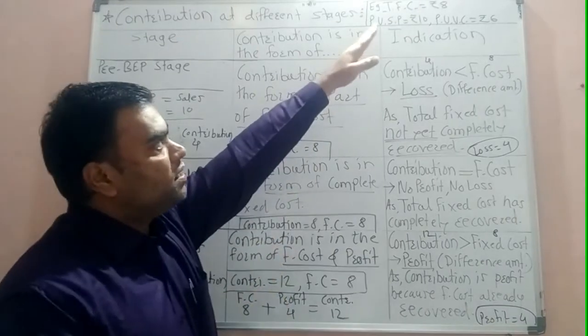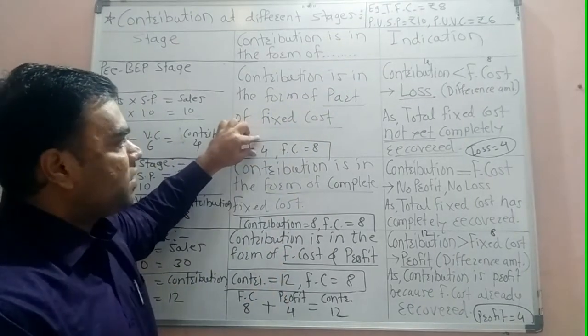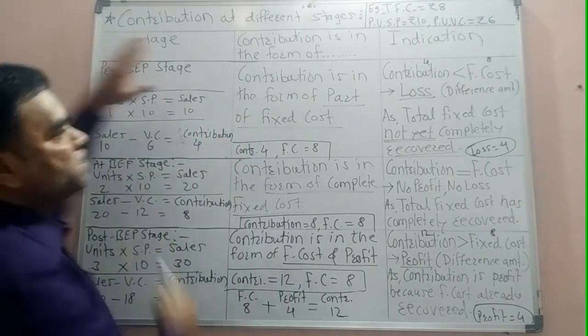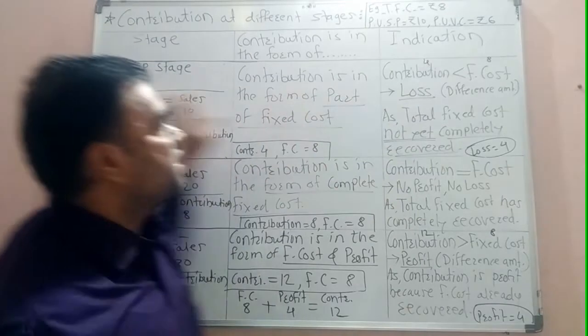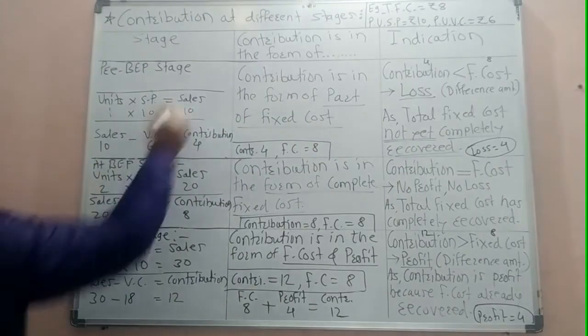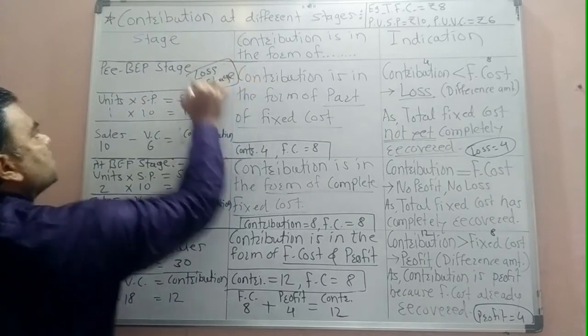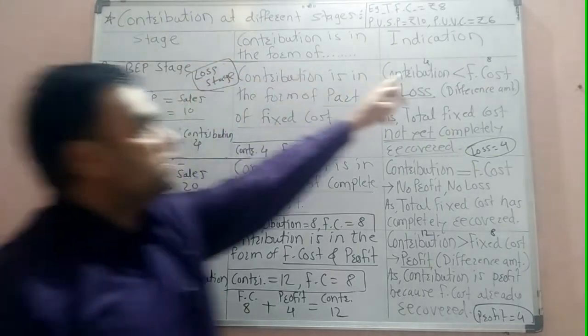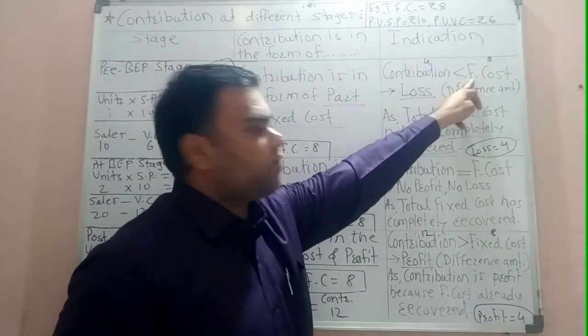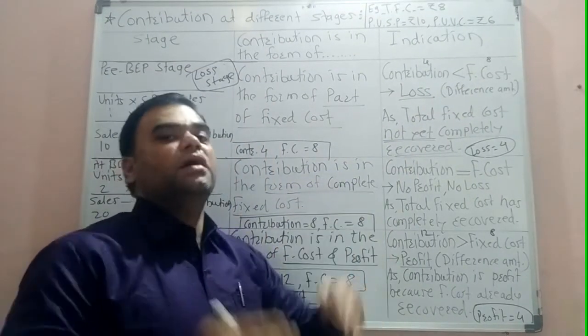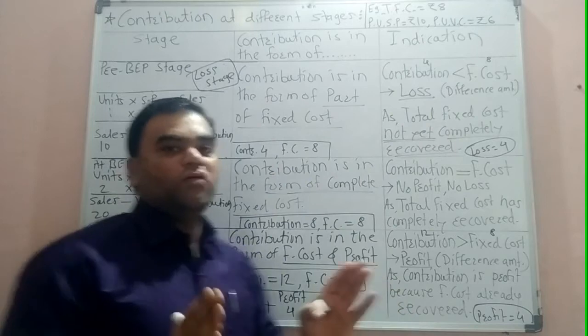That's why the pre-BEP stage is also known as the loss stage. In this stage our contribution is not enough to recover our fixed cost, so the unrecovered fixed cost becomes loss. It always happens.